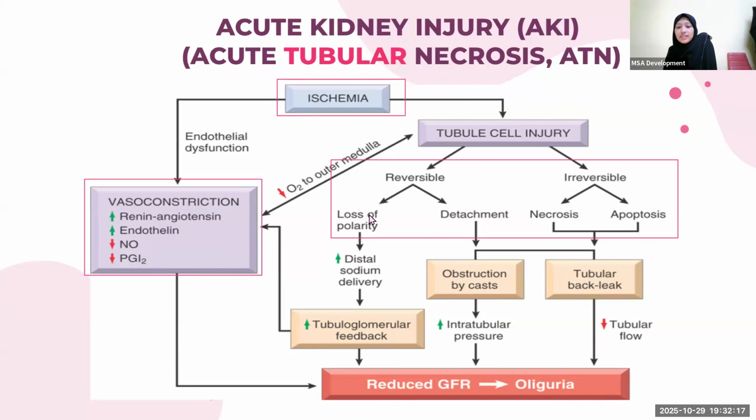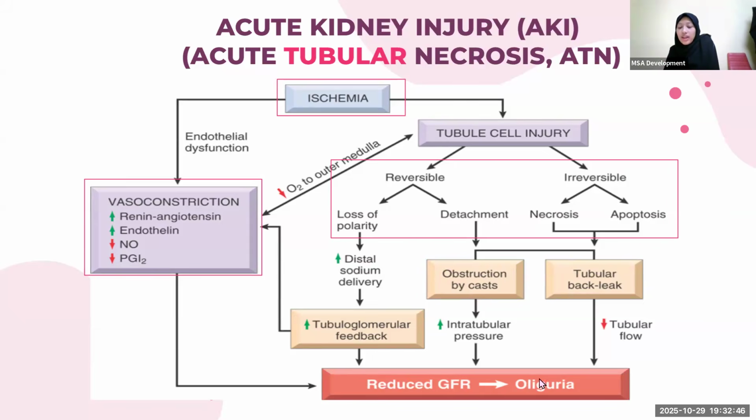Reversible meaning the cells will shed off slightly. They will detach from the tubules, and they can cause casts to form in the urine. Irreversible will be things like necrosis, apoptosis for a long duration. All of this essentially will lead to reduced GFR, so reduced filtration in general, more reabsorption, or at least they will try to reabsorb.